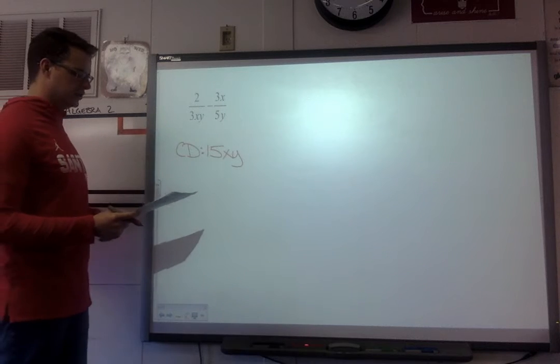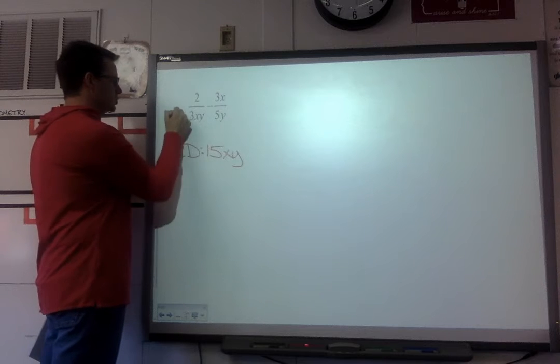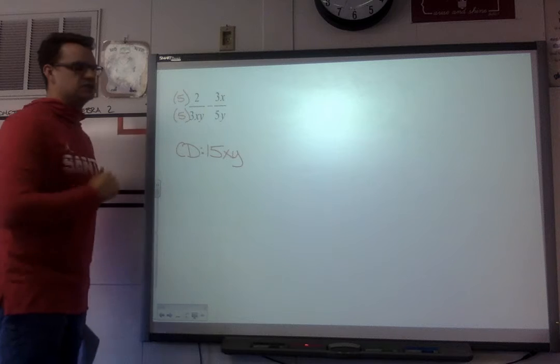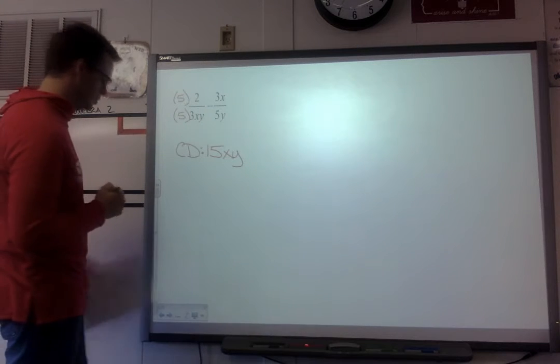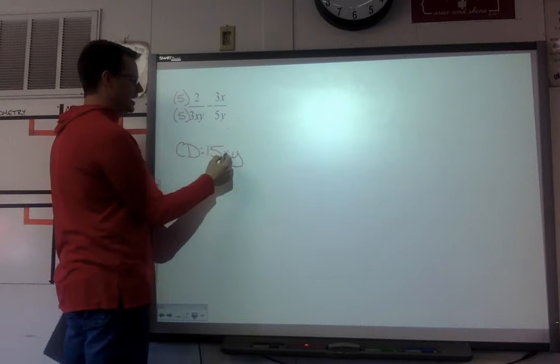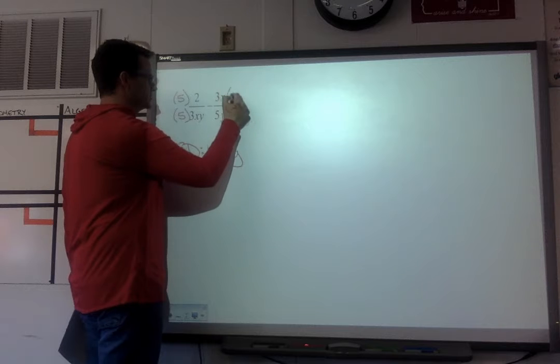So now we're going to take those same steps. In order to get from 3xy to 15xy, we need to multiply by 5. Again, whatever you do to the denominator, you have to do to the numerator. Then on the right side, to get from 5y to 15xy, we need to multiply by 3x.